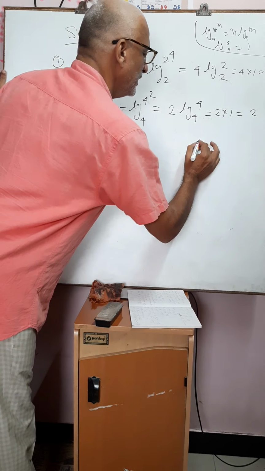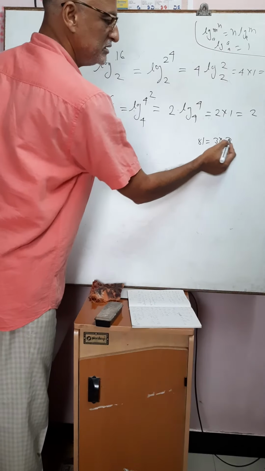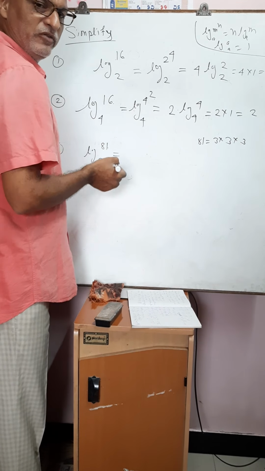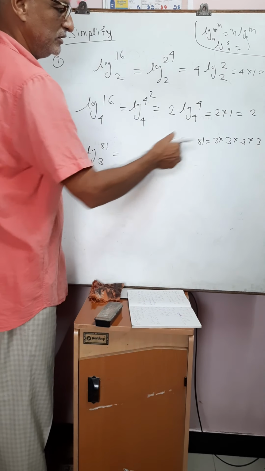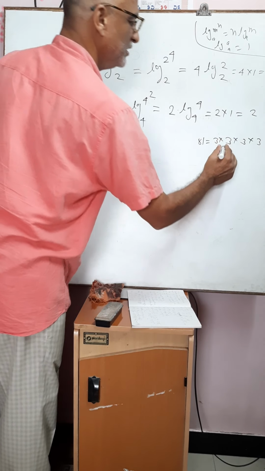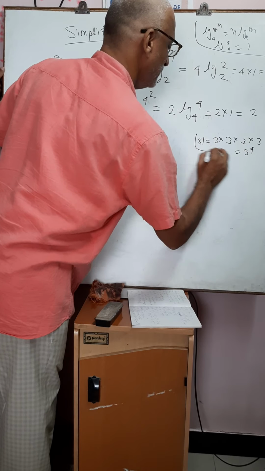What is 81? 3 into 3 is 9, 9 into 3 is 27, 27 into 3 is 81. That means 81 can be written as 3 raised to 4.